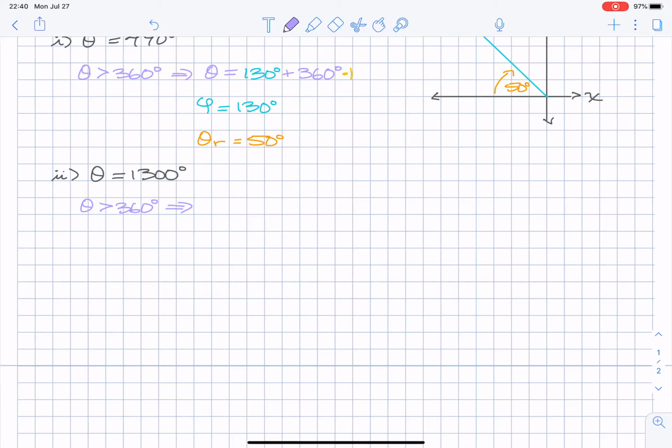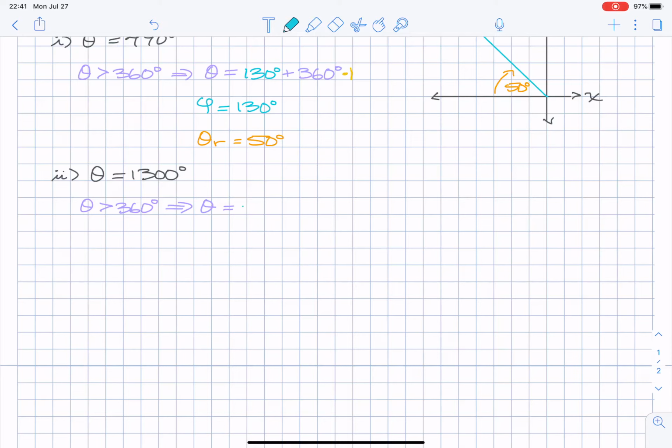So that means I can write theta as some angle phi between 0 and 360 plus an integer multiple of 360. Well, 3 times 360 is 1080. And if I'm at 1080, then I'm 20 degrees away from 1100, which is 200 degrees.